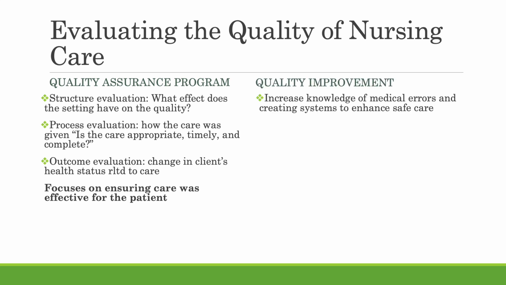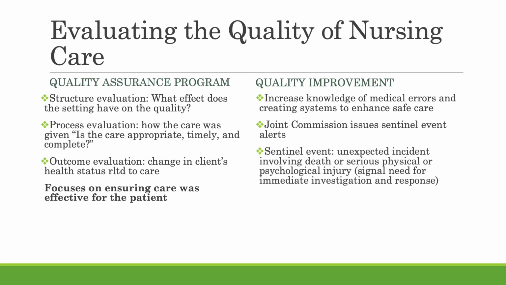Another source of evaluating is quality improvement. There has been a growing focus on increasing the knowledge of medical errors and creating systems to enhance safe care. The Joint Commission issues Sentinel Event Alerts, and Sentinel events are unexpected incidents involving death or serious physical or psychological injury.